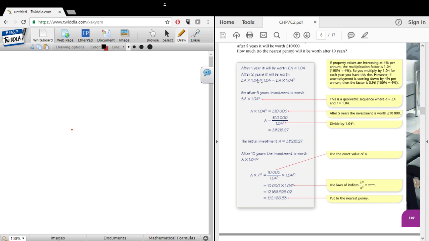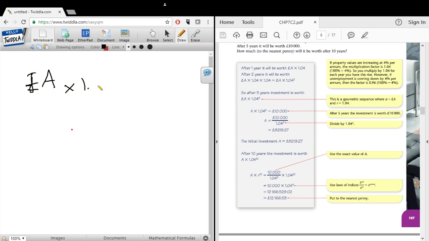Now at the end of year 1, or really the beginning of year 2 to be more accurate, that value will be worth something multiplied by 1.04. So let's just write this out so that you can get an appreciation of what I mean. Let's use some simple digits. Andy has £A.